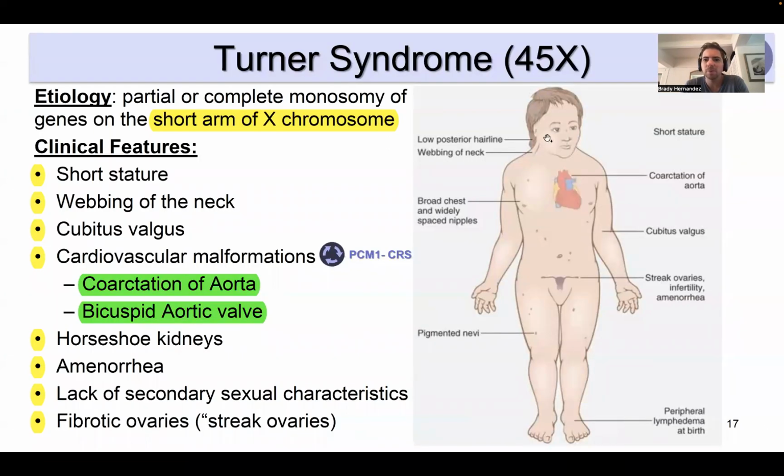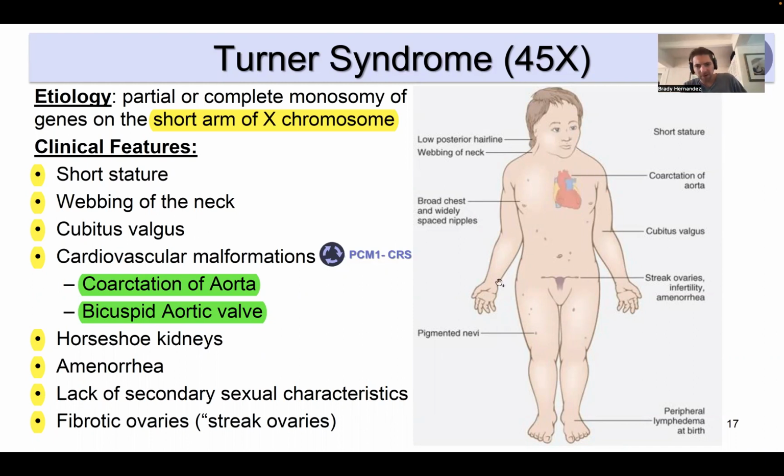All right, Turner syndrome. Remember, girls with web necks, 45,X. You don't have the other X. So you get coarctation of the aorta. That's a big one, meaning you get decreased amplitude of the pulse to the lower extremities. The coarctation comes off after the blood has gone to the head and the arms, and then the coarctation is like a pinch point, meaning you get decreased blood flow to the lower limbs.